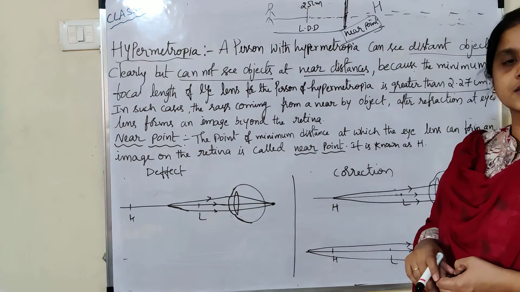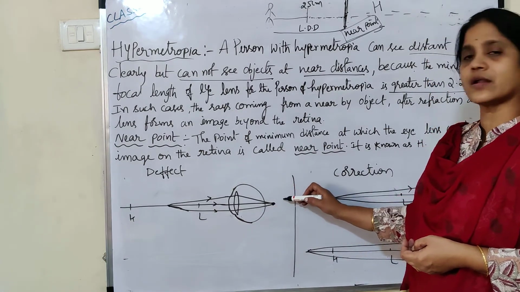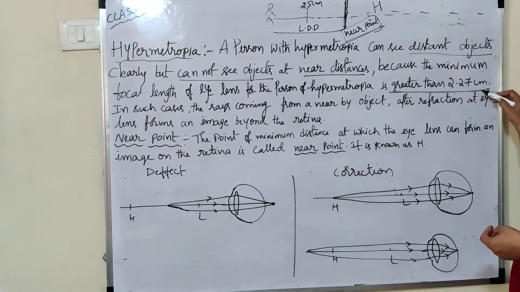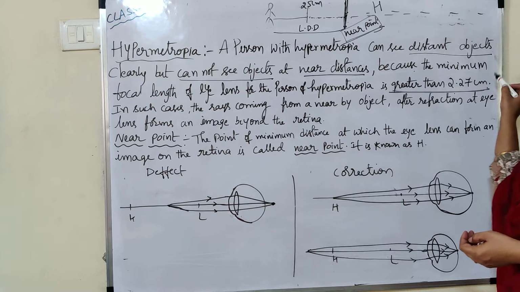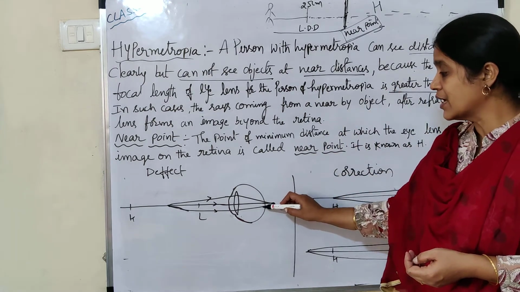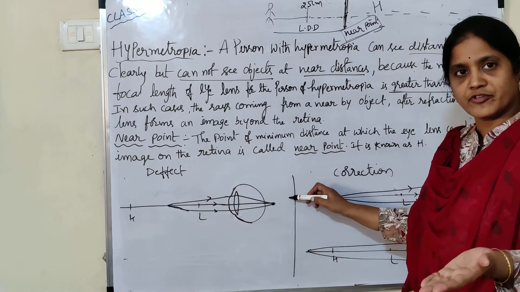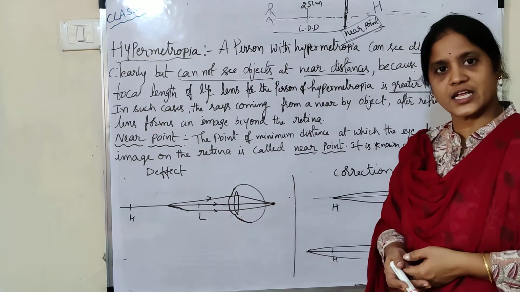Due to that, the image is forming beyond the retina. If the image is formed on the retina, then only we can see. Either before or beyond, we cannot see any image.